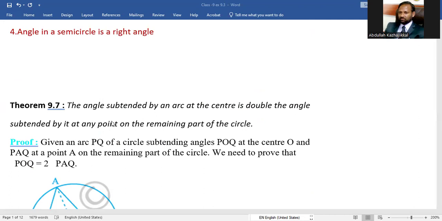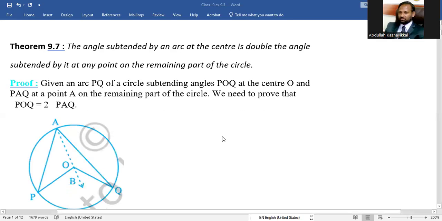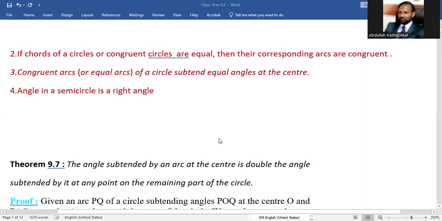See the theorem. The angle subtended by an arc at the center is double the angle subtended by it at any point on the remaining part of the circle. What is the theorem? The angle subtended by an arc at the center is double the angle subtended by it at any point on the circle.